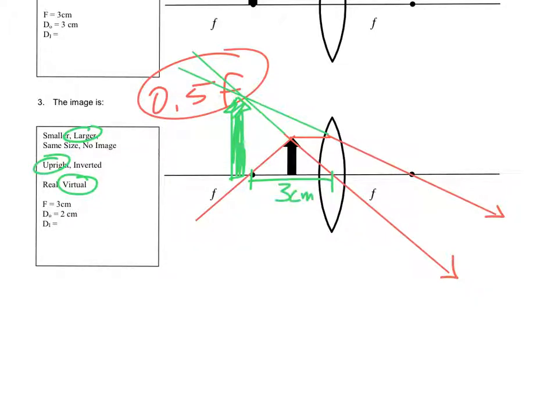My object distance is 2 centimeters, from here to here. I want to figure out what my image distance is from here to here.